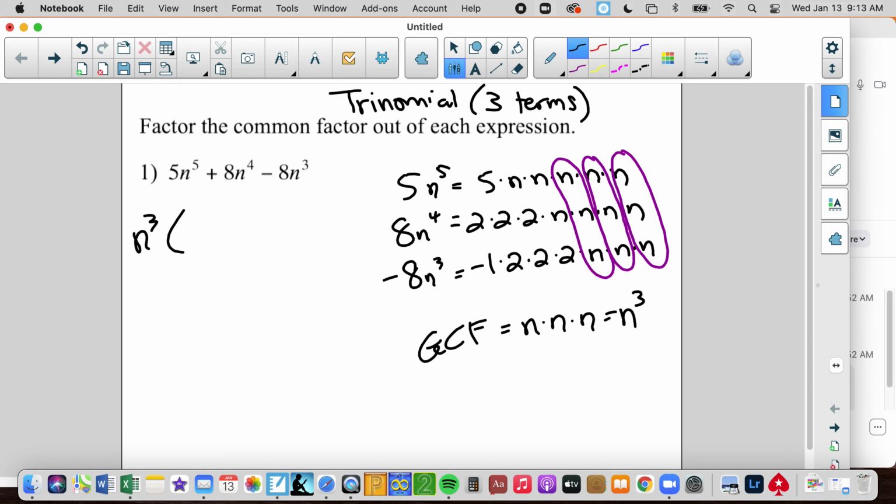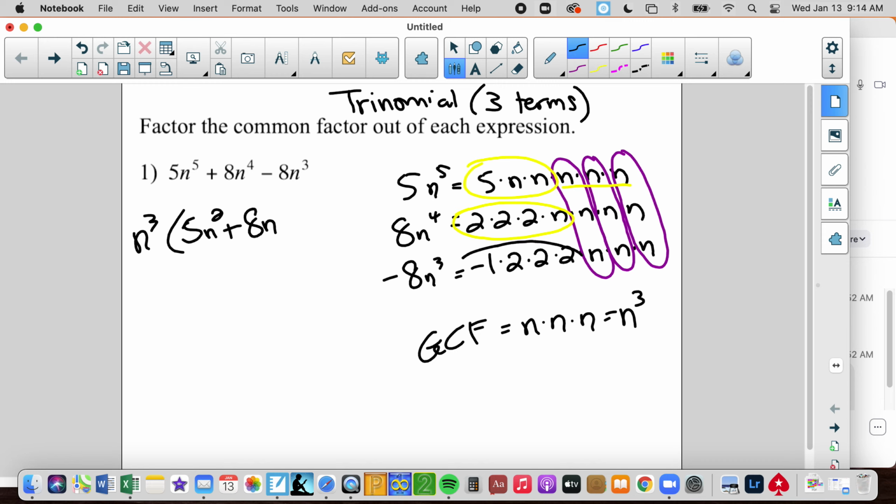Now what's left after we take n to the third away? We're left with 5n squared. That's what's left from the first term. And when we take an n cubed from our second term, we're left with 8n. And that's a positive 8n because 2 times 2 times 2 times n is positive 8.